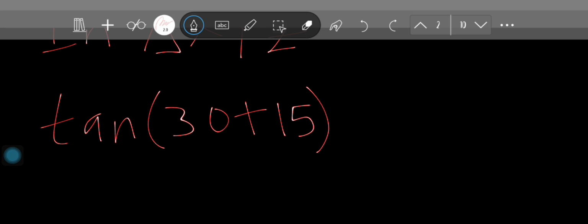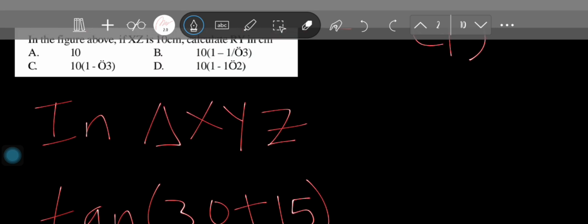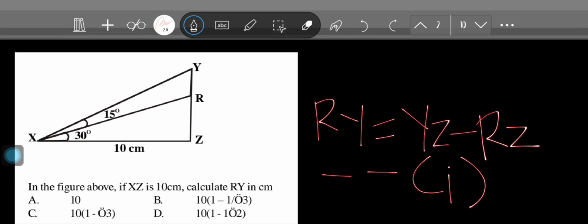Why am I adding 30 and 15? Because the angle here is for the bigger triangle, so we have to add 30 and 15. And tan is opposite, which is yz, over adjacent, which is xz.